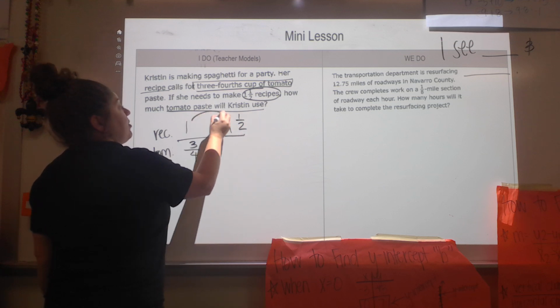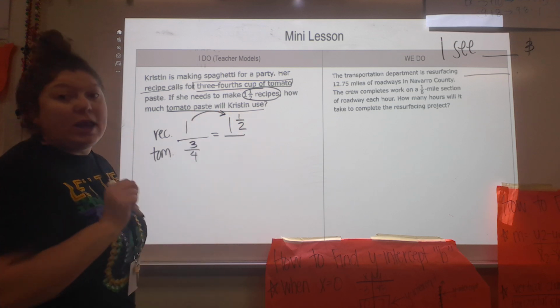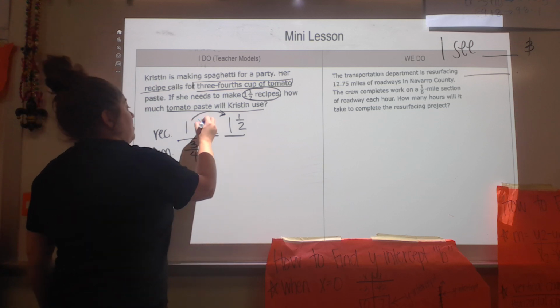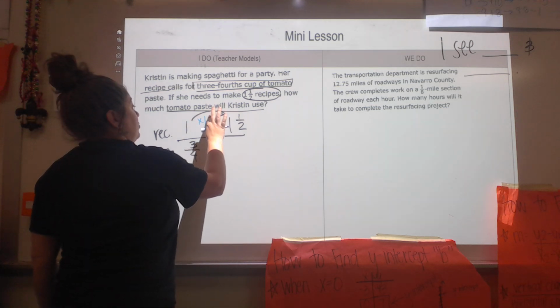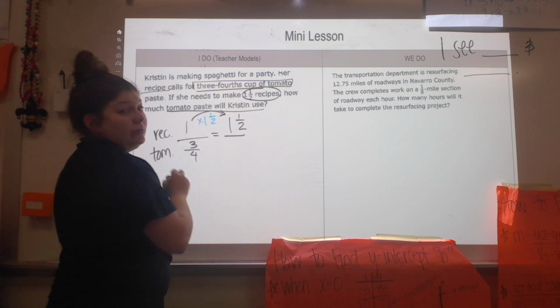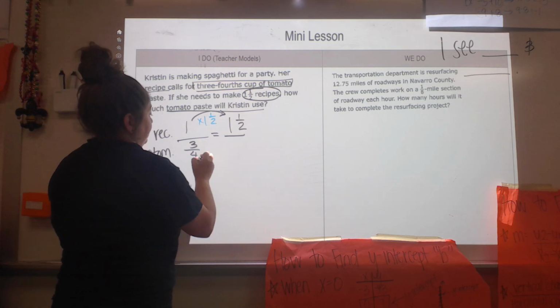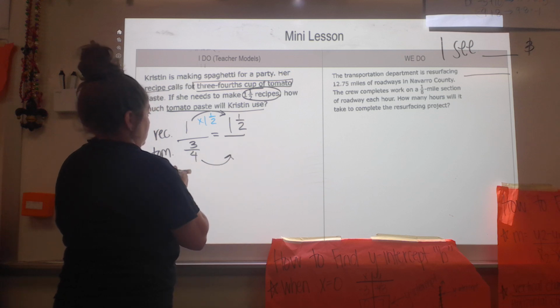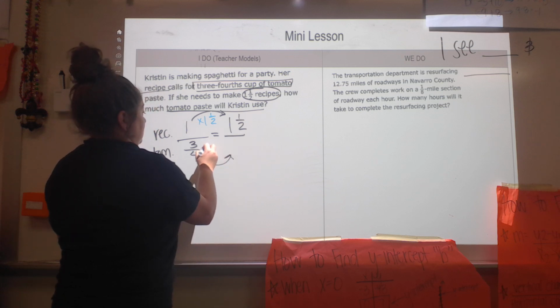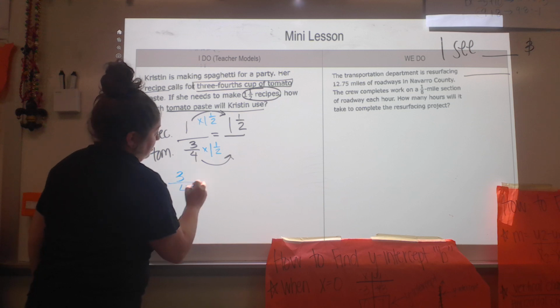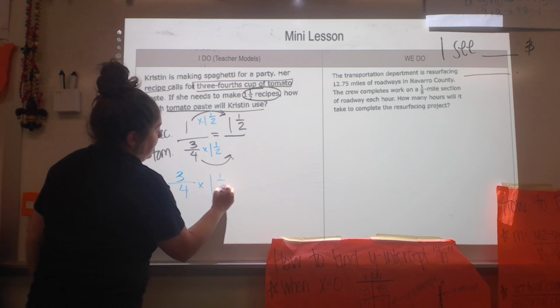So how can I get from 1 to 1 1/2? Well, I can multiply by 1 1/2. So whatever I do to the top, I have to do to the bottom. So we're going to do 3/4 times 1 1/2.